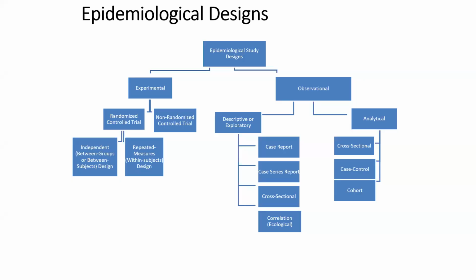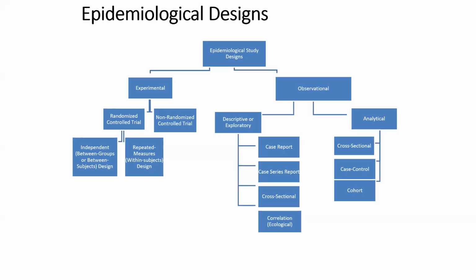So are those who live in the urban area more or less likely to use MNCH services compared to those who live in the rural area? That is an analytical cross-sectional study. So you always call the big name first, the bigger head. Like you say, descriptive cross-sectional, you say analytical cross-sectional.